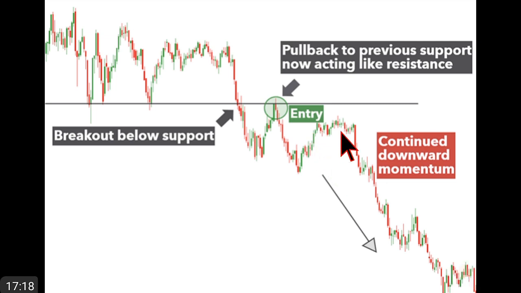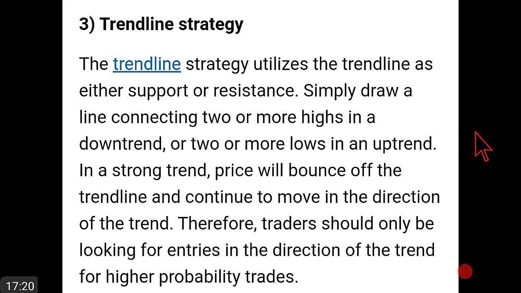All right. So the third strategy that you can develop from support and resistance is called the trend line strategy. This strategy utilizes the trend line as either support or resistance. So what you do is that you simply draw a line connecting two or more highs.